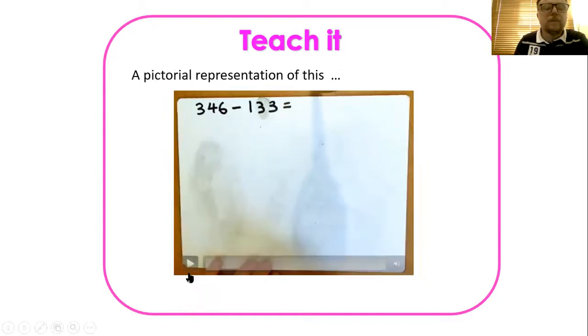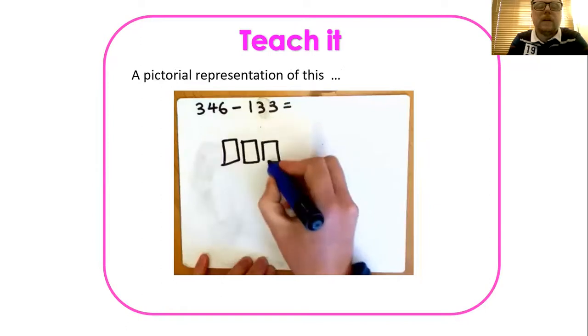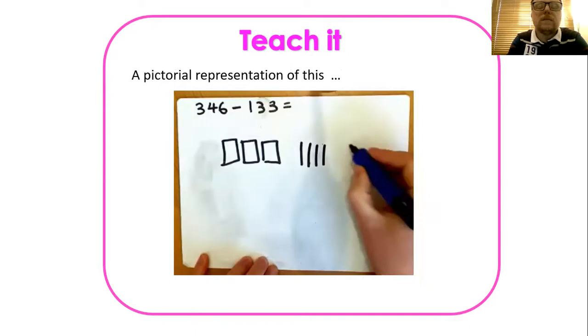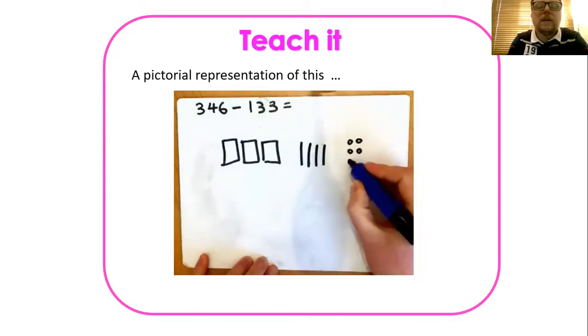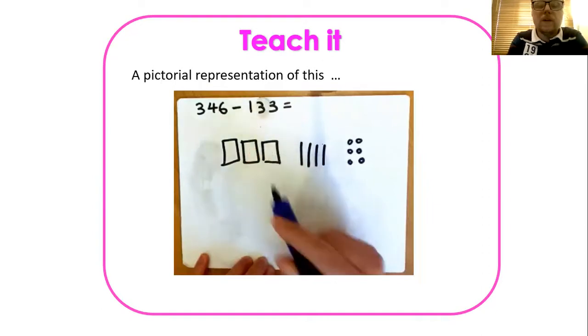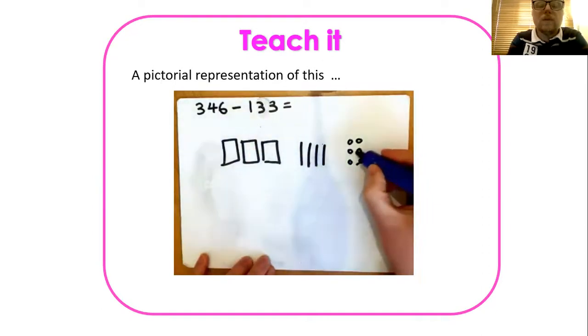So 300, add 4 tens, add 6. Yeah, the video doesn't look quite right, but that's the only glitch. Okay, I'm going to take away 3 ones, cross them out. 1, 2, 3.